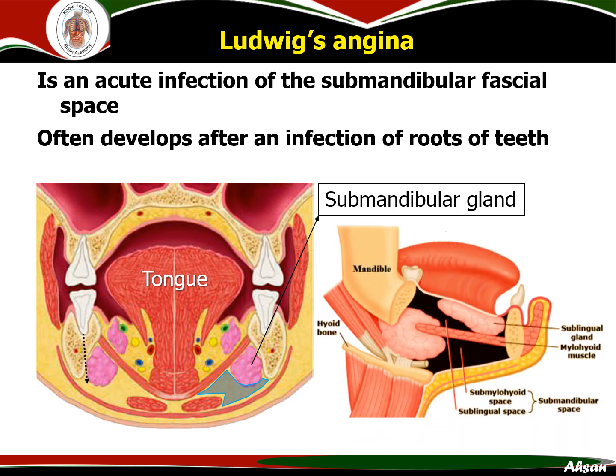You can see in the second figure, this is a wide area around the submandibular gland. This area is affected by the infection, and that infection is named like this.